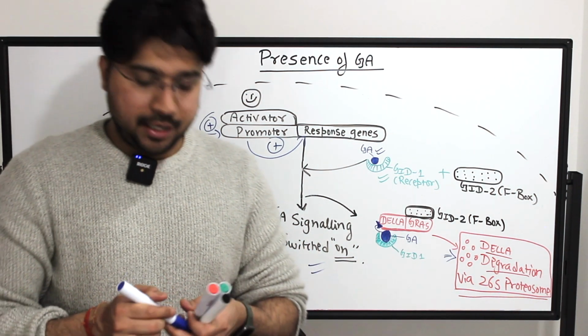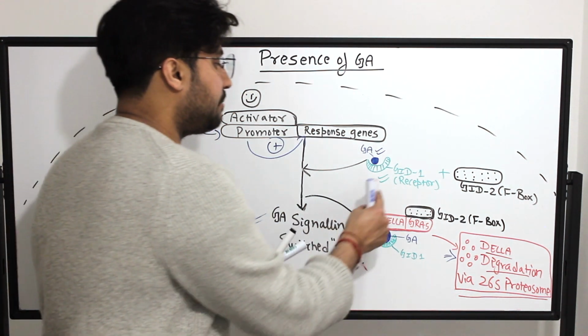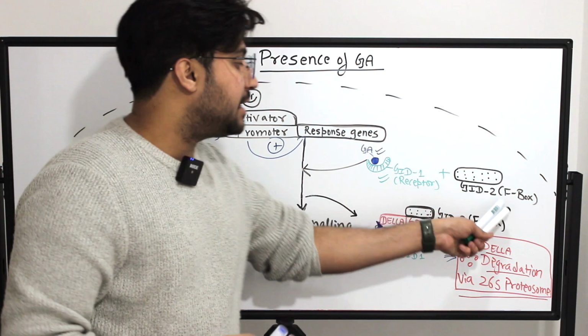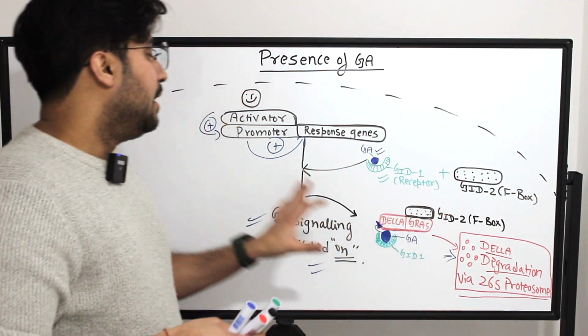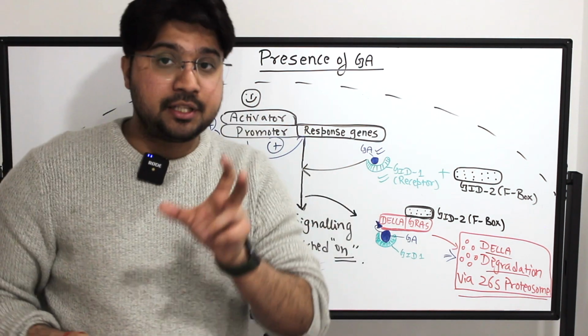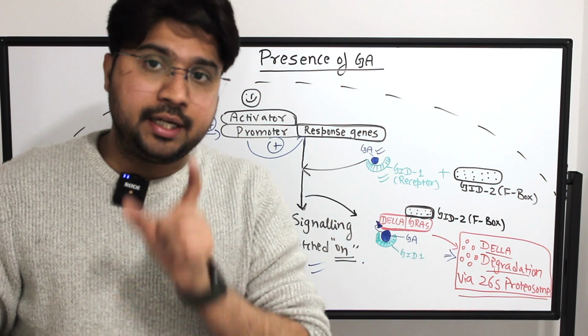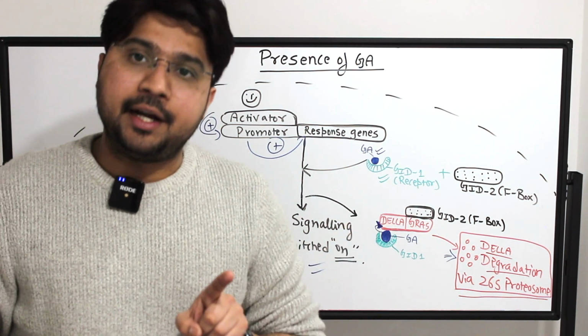So I once again repeat: in the presence of Gibberellin, the Gibberellin never comes alone. It always comes along with the GID1 receptor, plus a following protein which comes along with that team called GID2. Now GA recognizes the DELLA region. Please remember, if something happens to the DELLA region of a DELLA repressor, Gibberellin can never identify that protein.